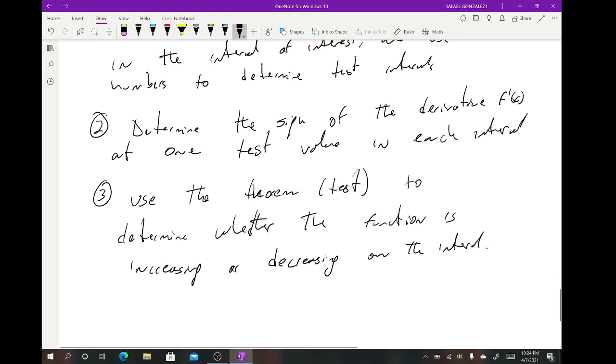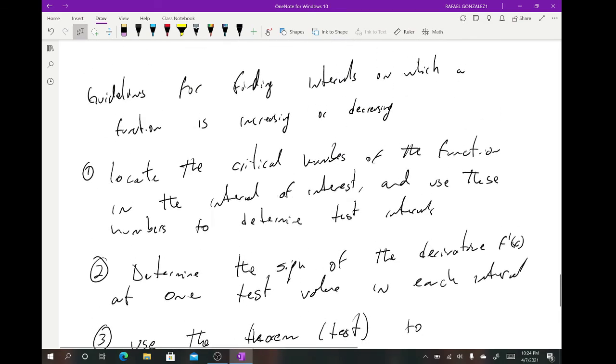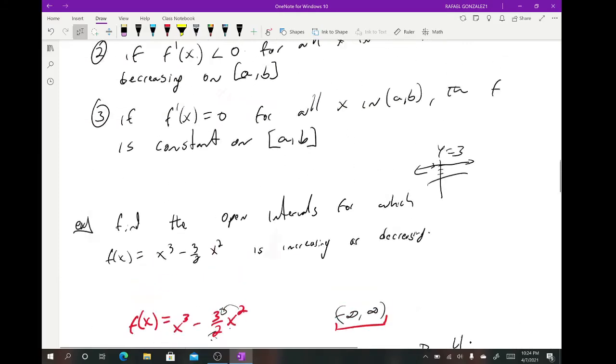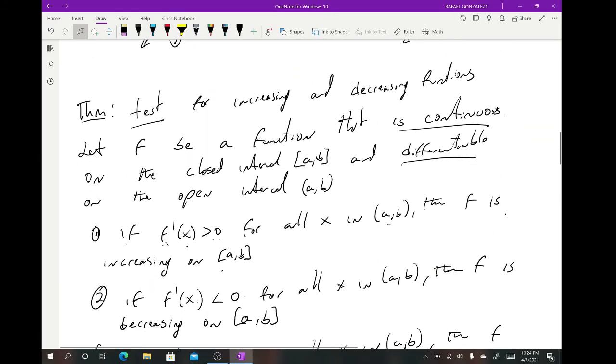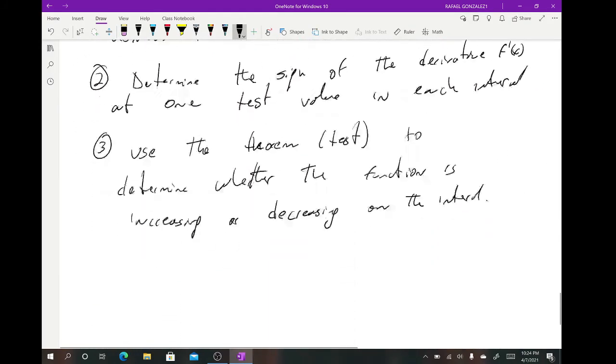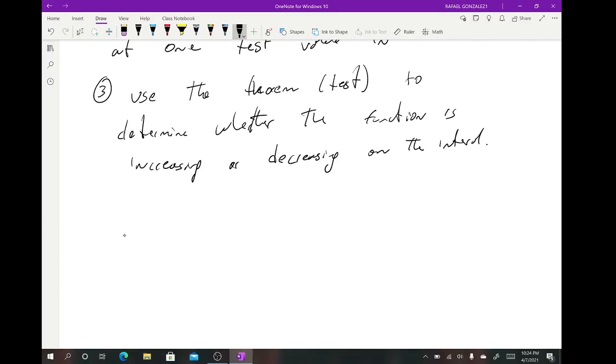Okay. Now, this theorem up here, the way that I wrote it, it's also valid when we write the endpoints as, let's say minus infinity to a, right? A to infinity, or minus infinity to infinity.